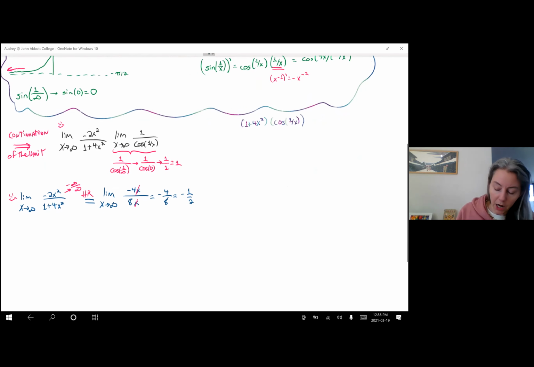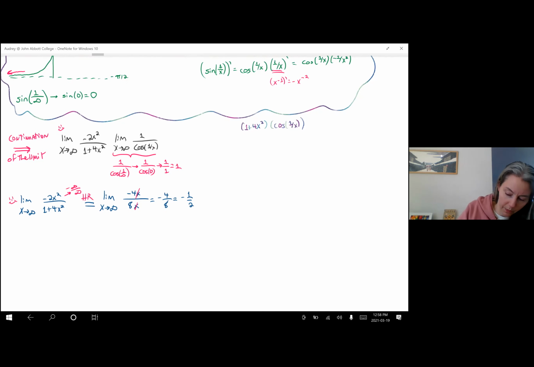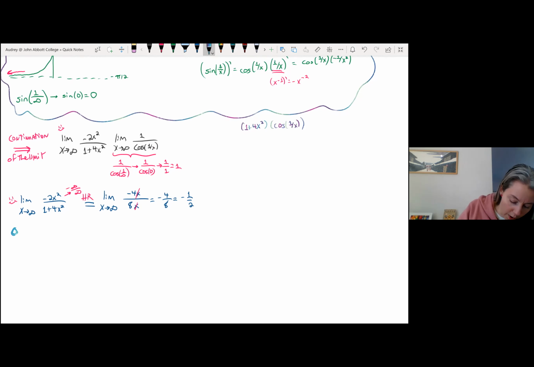Okay, so that said, another way that I could have done this down here, so we can say, the limit as x approaches infinity of negative 2x squared over 1 plus 4x squared. What I can do is when approaching infinity, you can just take the big stuff.